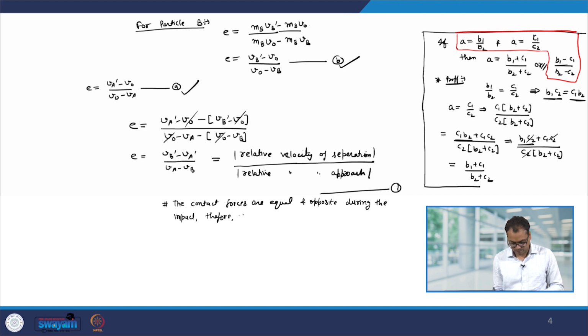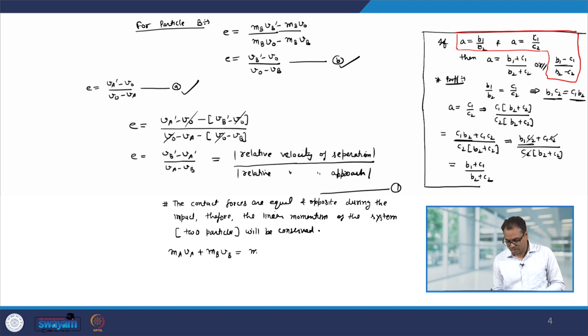Therefore, the linear momentum of the system, so here system means the system of two particles, will be conserved. So, therefore, we have m_A V_A plus m_B V_B equal to m_A V_A' plus m_B V_B'. Let us call it equation number 2. Now, we have two equations and two unknowns, therefore, the problem can be solved mathematically.